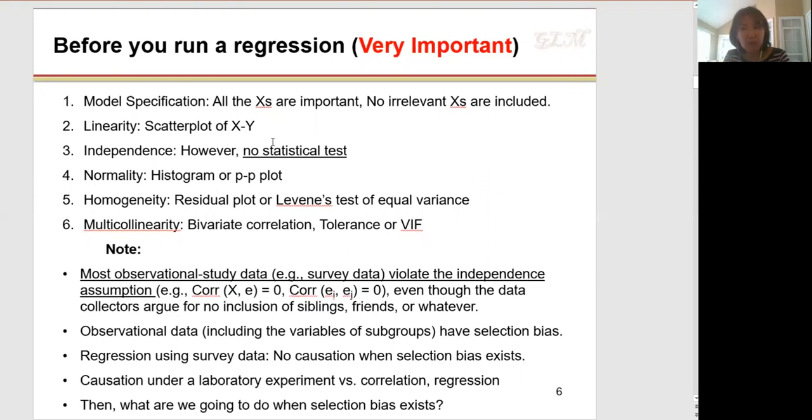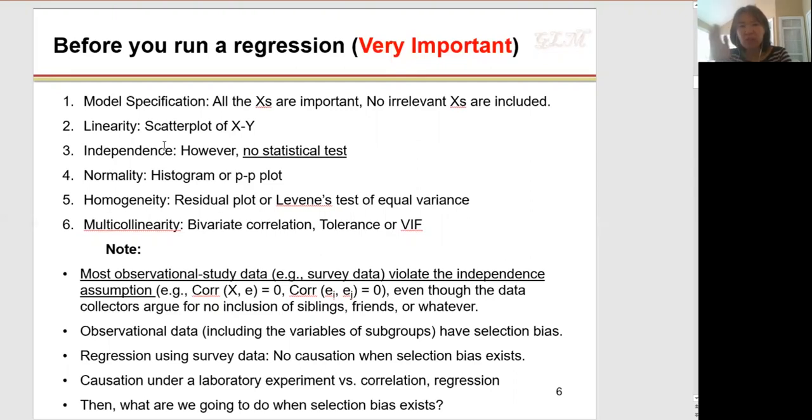So residuals are identically, independently distributed normally with mean 0 and sigma squared. Sigma squared is a constant, fixed number, the homogeneity assumption, right? Equal variance assumption. So if you just say independence assumption, then you have to think about two things. One is a data pair, the other is a residual assumption.